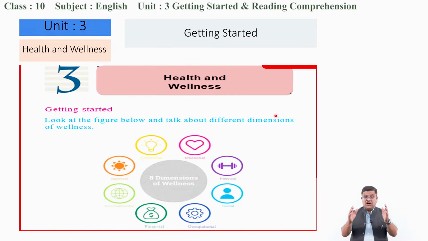So in order to become well, in order to become healthy, a person must have physical fitness, social well-being, occupational well-being, and be financially fine. Environmentally, there must be a good environment surrounding us.